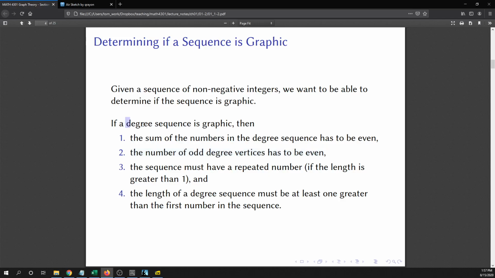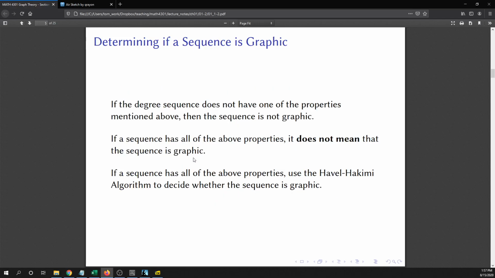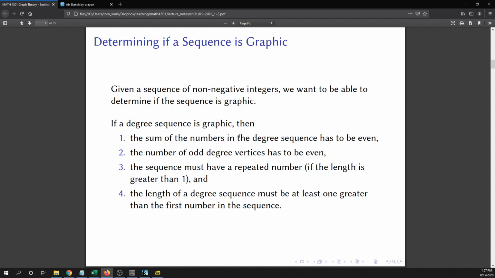That's an easy way to tell if a degree sequence is not graphic. But if a sequence has all of the properties mentioned in the conclusion of that theorem, it does not mean that the sequence is graphic. If I give you a degree sequence that satisfies all of these properties, you're going to have to resort to another means of determining whether or not it is graphic.